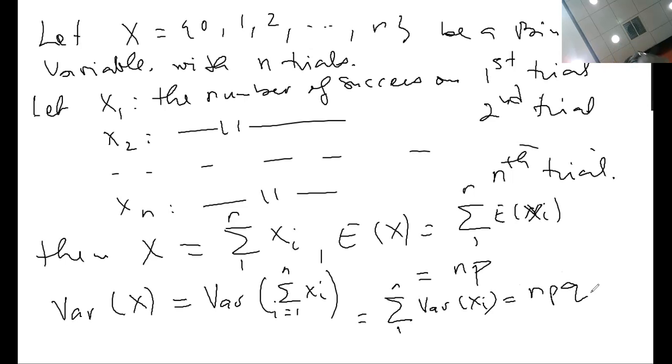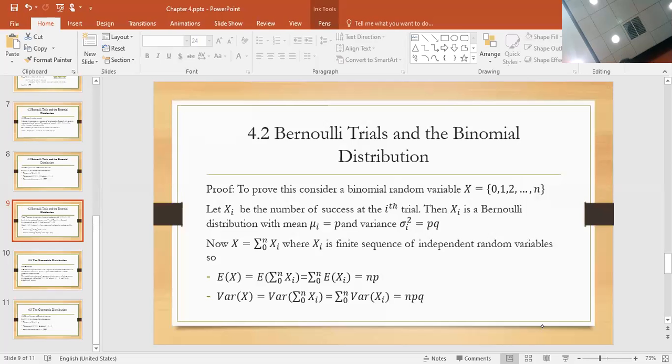So here is the proof of the mean, variance, and standard deviation of the binomial distribution.